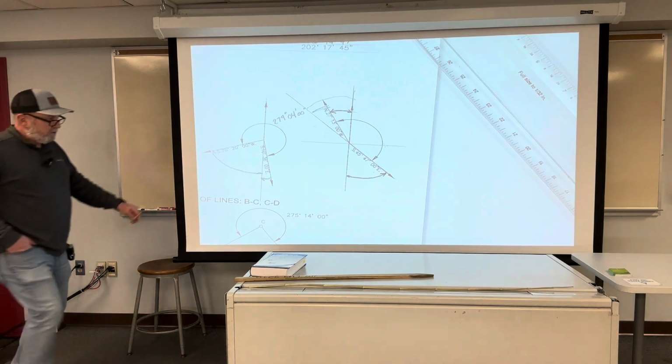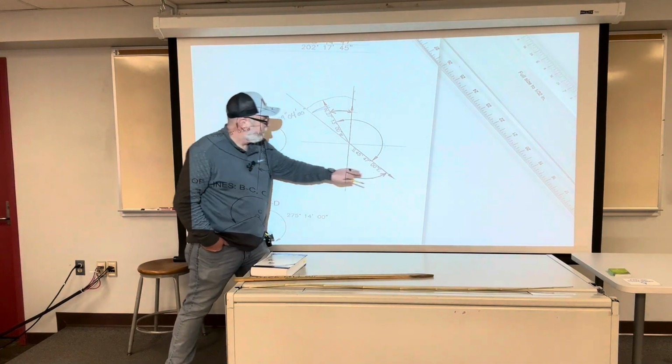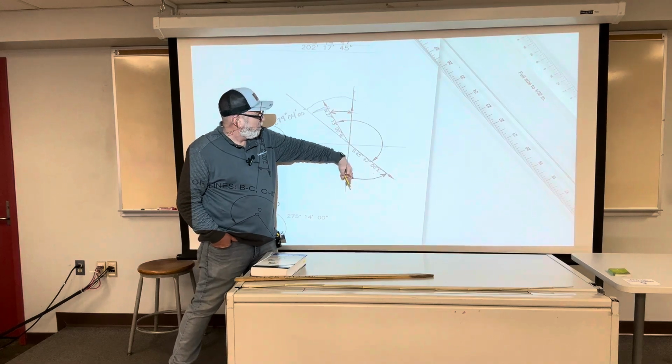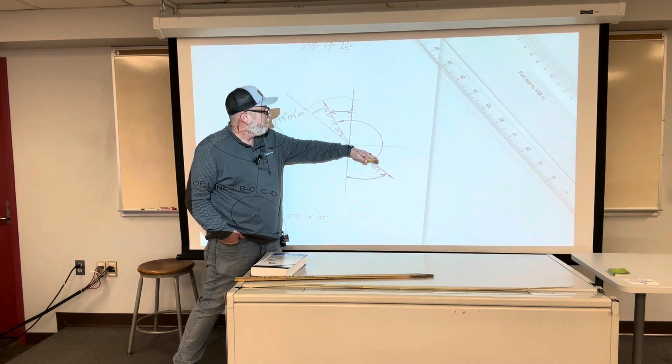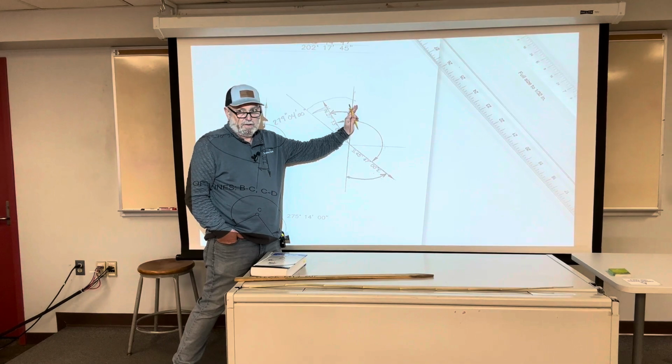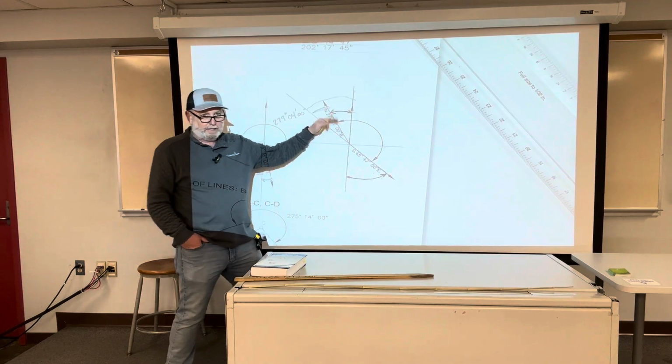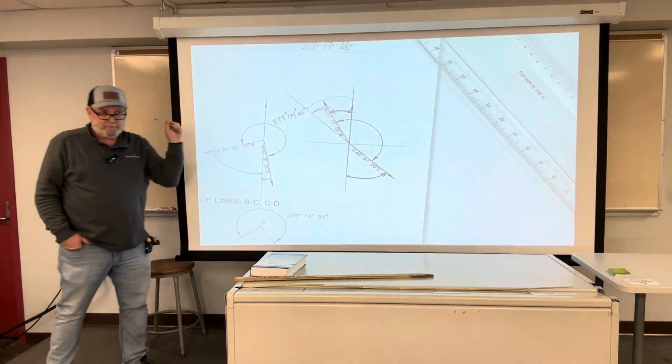Another thing you could do is take this bearing, subtract it from 180 degrees, and that's going to give you this portion. Then you could add that bearing to get all the way around.